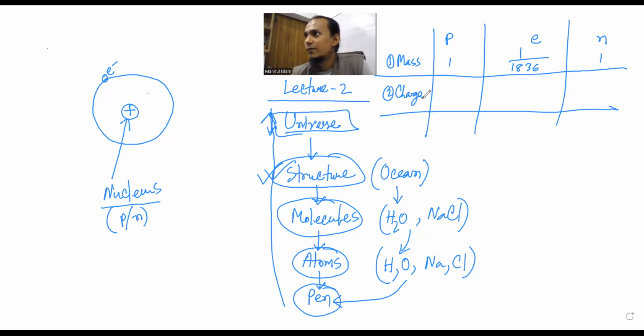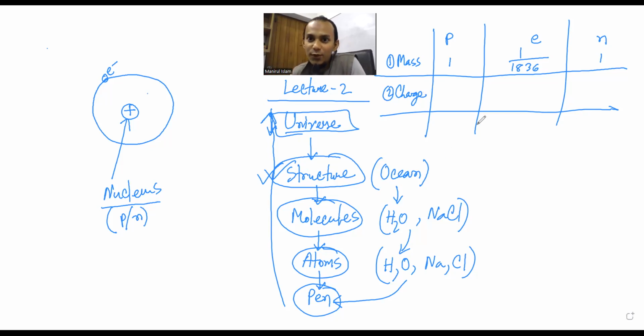We are discussing the mass here. If 1 proton is 1 gram, then to reach that 1 gram, you need around 2000 electrons.